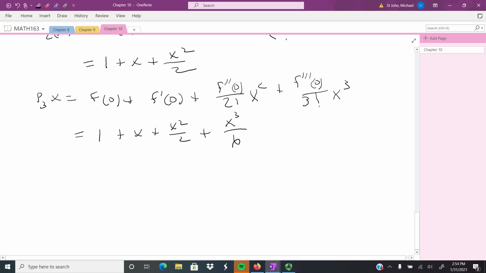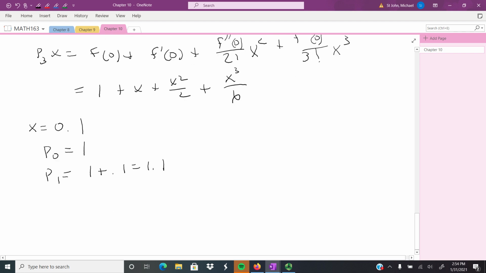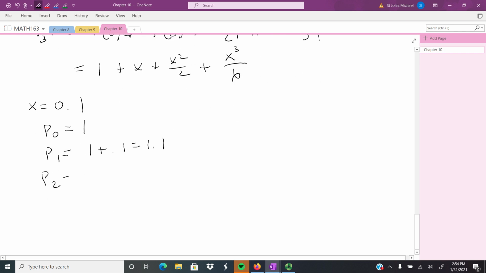And then if we said, okay, let's say x is equal to 0.1, p0 would mean this is 1. p1 is going to be 1 plus 0.1, which will be 1.1. p2 is 1 plus 0.1 plus 0.1 squared over 2, which is going to be 1.105.